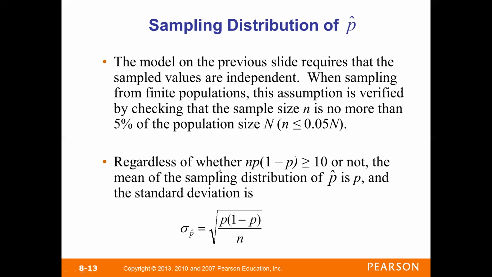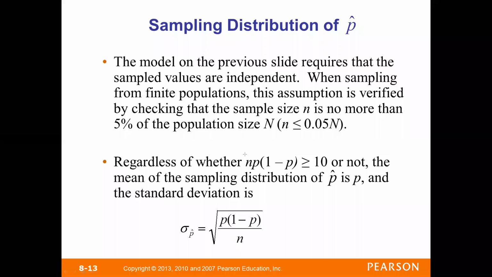And we do need to have that n times p times 1 minus p is greater than or equal to 10 for this to be normal. However, regardless of whether that is true, the standard deviation will still be the square root of p times 1 minus p over n. Again, this restriction is what gives me the normality of the distribution.